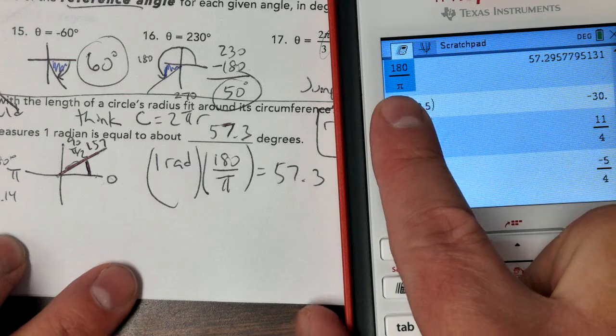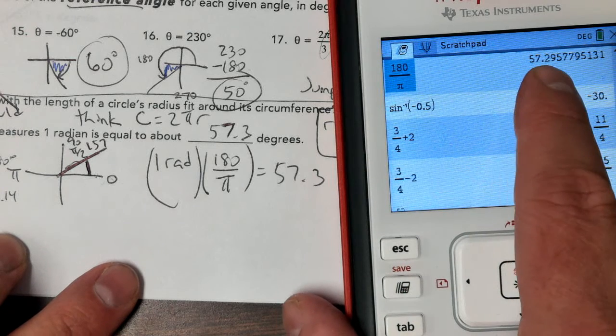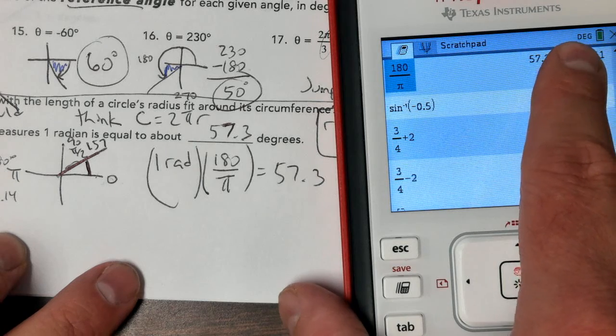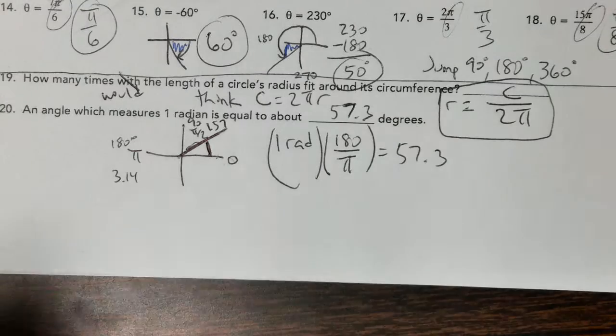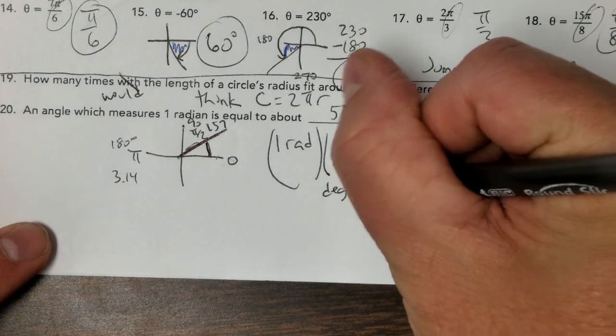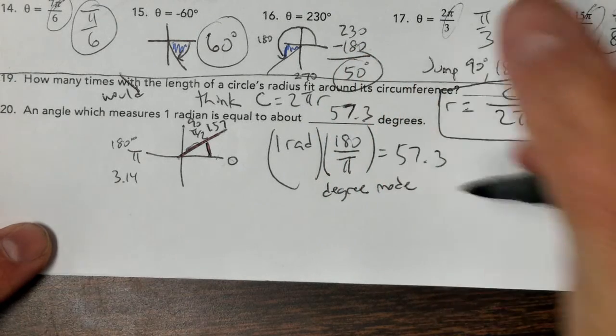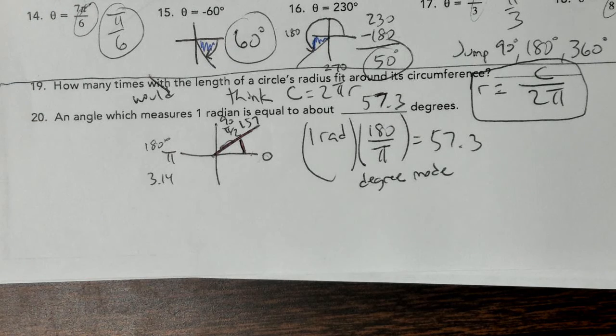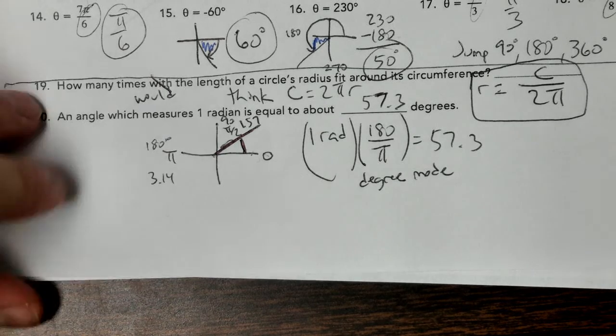That's right here. 180 divided by pi is 57.295, and so forth. Make sure you're in degree mode if you do that. So that'd be my note here. Make sure you're in degree mode. So 57.3. Any questions? Okay.